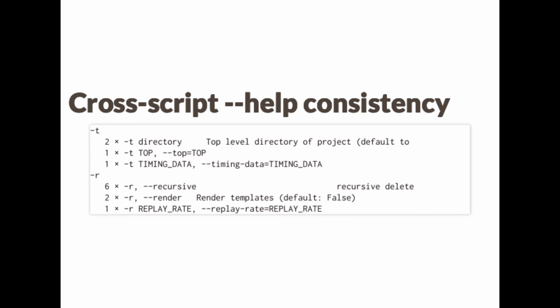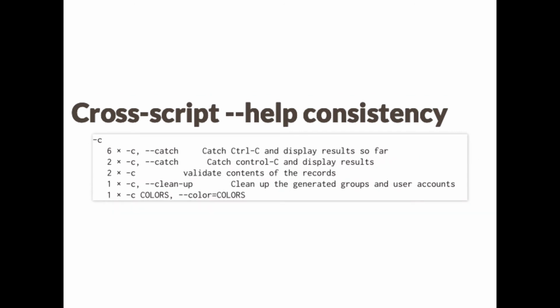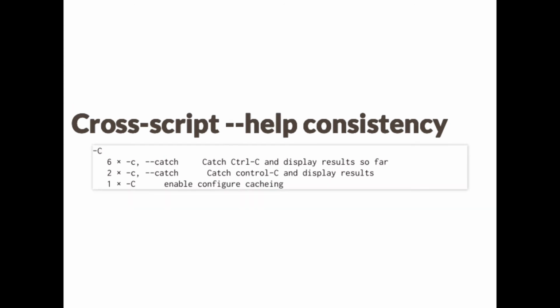And dash E is all kinds of things, dash O is all kinds of things. Dash C, that bottom one down the bottom, it's probably my fault too. Clean up. Oh, that slides in by mistake, actually.